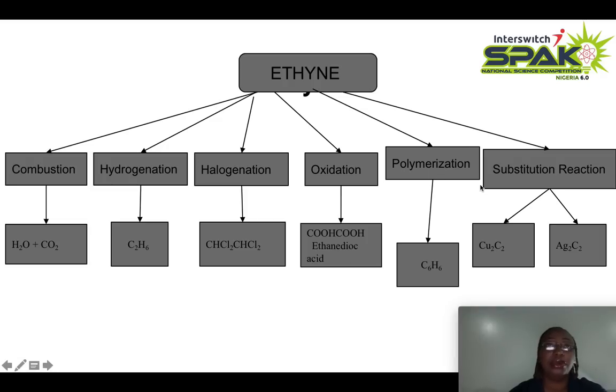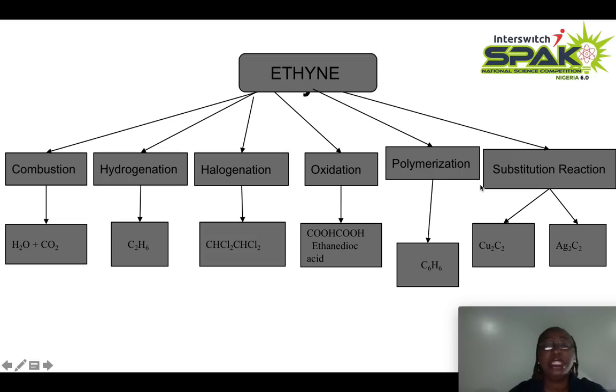substitution reactions with terminal alkynes, which now differentiates ethyne from ethene. We've already said that to differentiate alkenes from alkanes, you use bromine water. Alkenes decolorize bromine water. Alkanes do not decolorize bromine water.